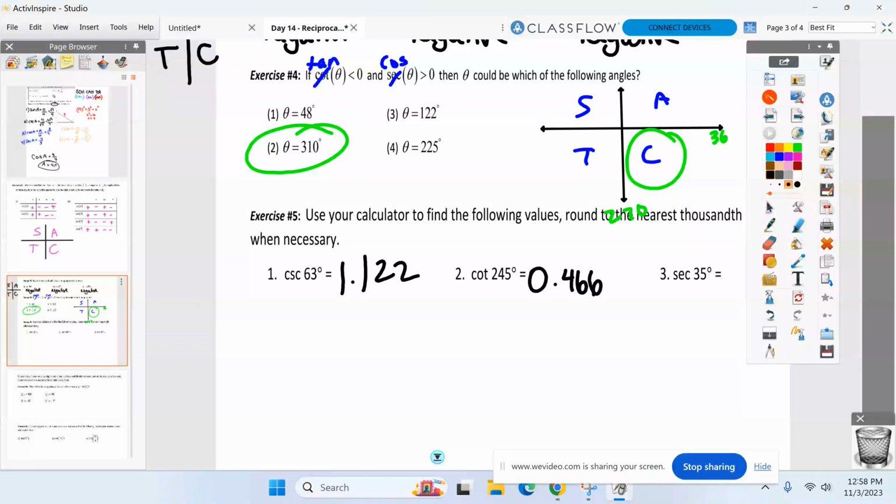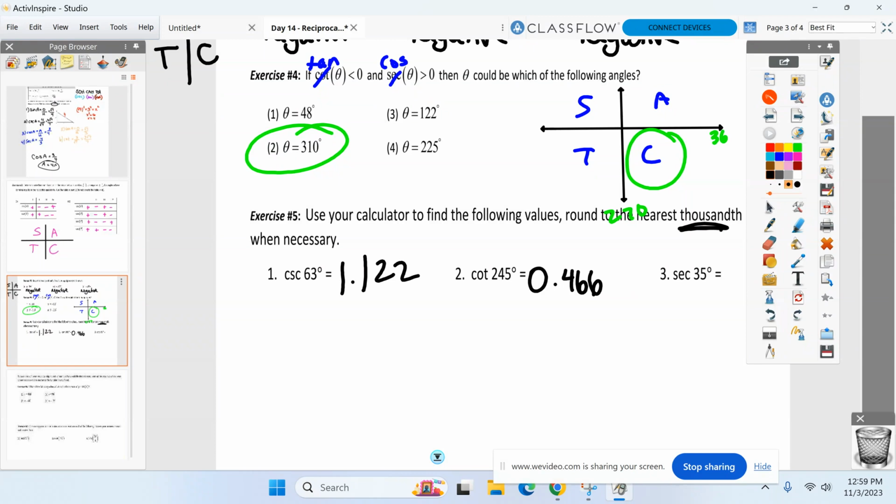Nearest thousandth, not nearest tenth. You go tenths, hundredths, thousandths. You look at that 4th number, and that 4th number will tell you if you round up or down.